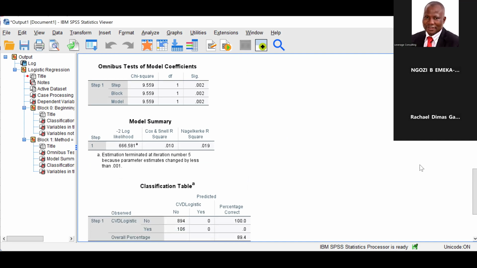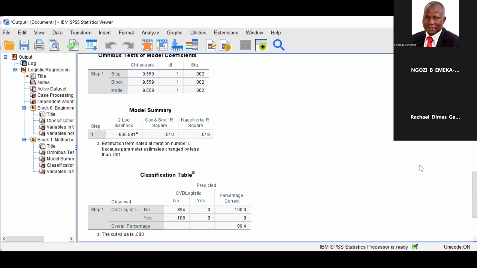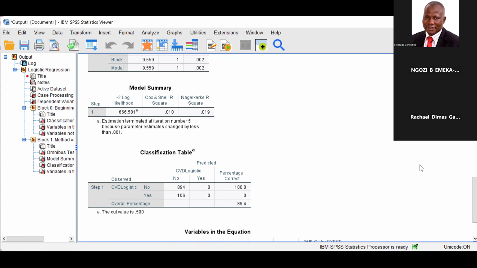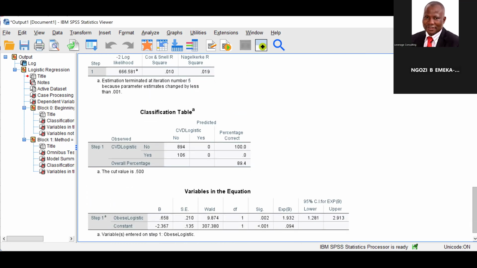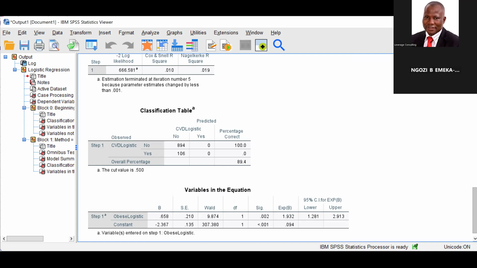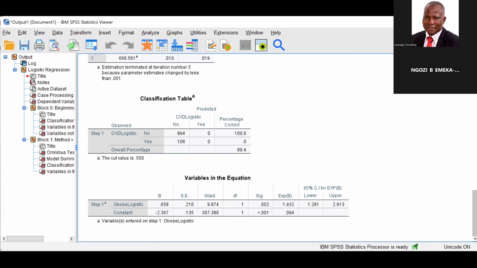When you now come to another step and include obesity, look at the model, though it's not so useful. The R square is 0.1, a negative R square. Can you see? 1.2, but it's not useful.